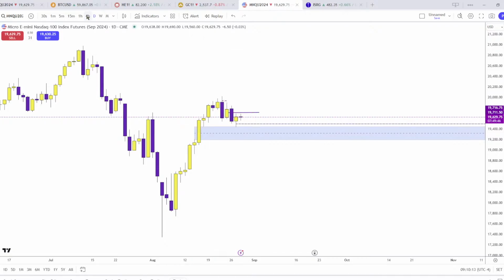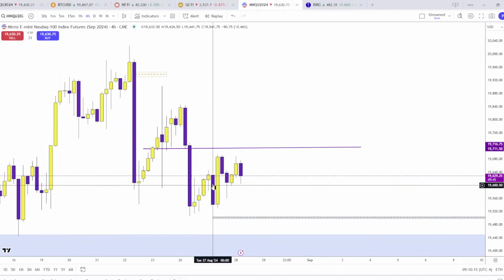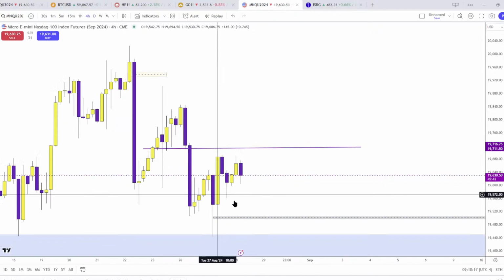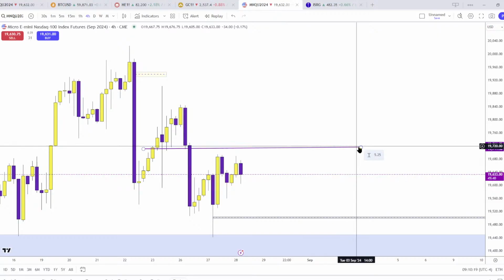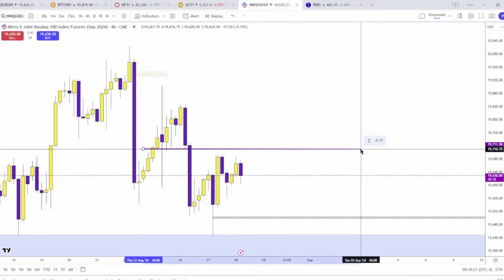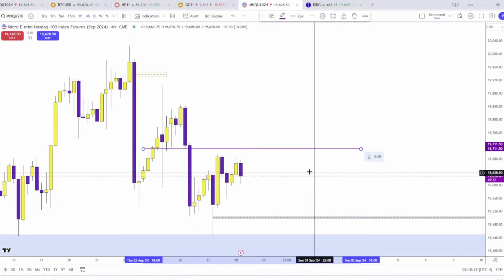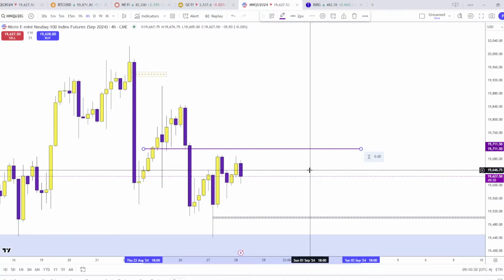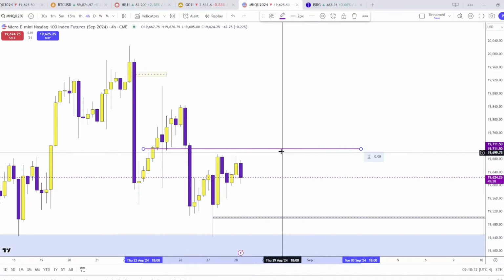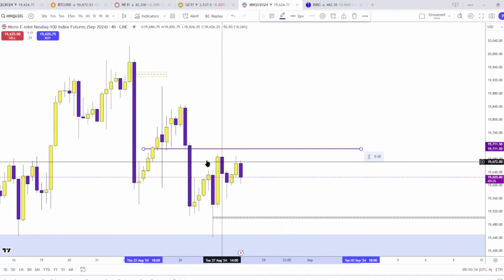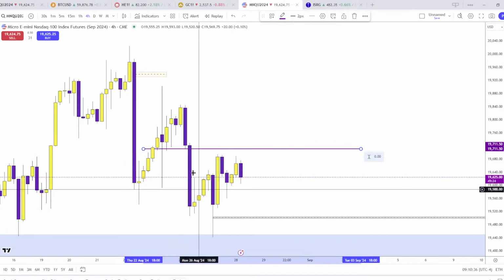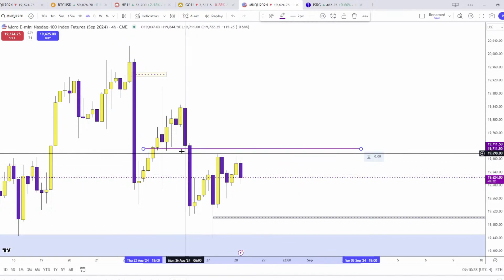So if we're looking for 4 hour, that puts us right back into the fill of this 4 hour fair value gap right here.